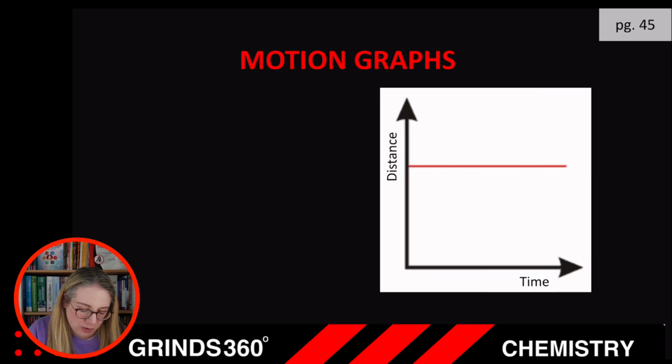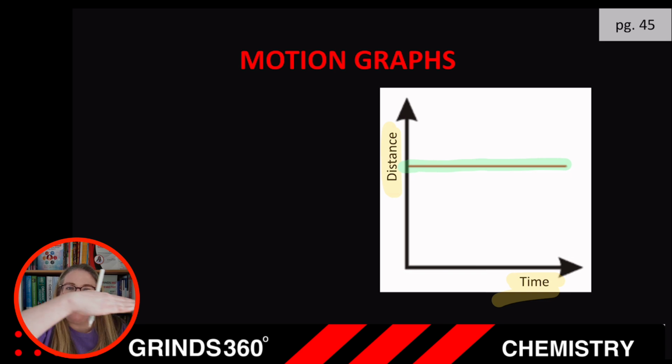Now the next one, where you have distance on the y-axis and time on the x-axis. Now look at what the graph is telling you. The distance is not changing. So that would be like me going out into the middle of the sports hall, starting a stopwatch and not moving.